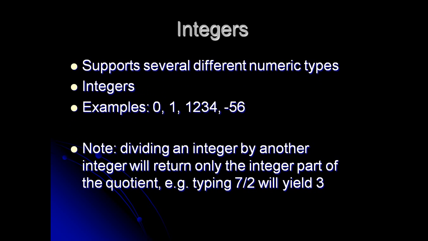Similarly, you can work with integers as well. Whenever a variable is assigned some value like 0, 1, 2, 3, 4, or minus 56, then that variable will be internally declared as an integer.